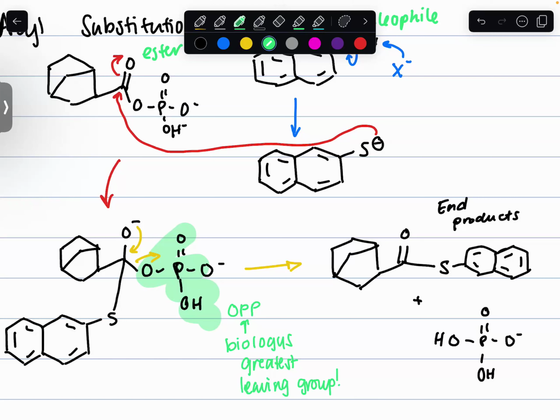Other leaving groups that are helpful to know are your halogens, like bromine, fluorine, iodine. They love to leave. Another one is hydroxy, because that leaves and becomes water. And then OPP is biology's biggest leaving group. CoA is another good one to know, though.